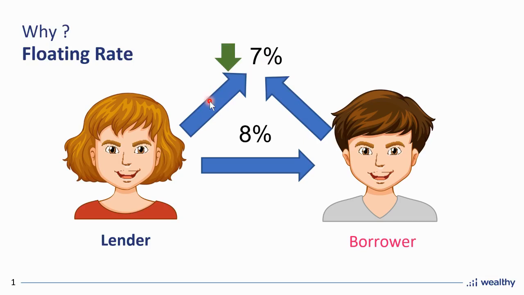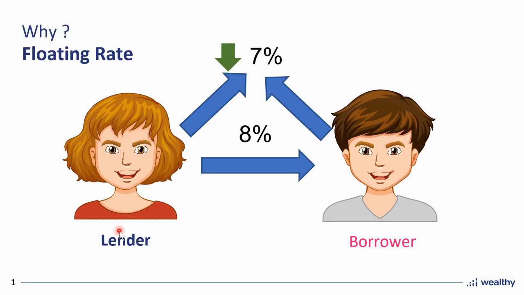If the interest rate in the market moves up, I would get higher. If it goes down, I would get lower. That way, the lender is not impacted much even if the market interest rate changes, and the borrower is also not very unhappy with the whole situation. So it becomes a win-win situation.